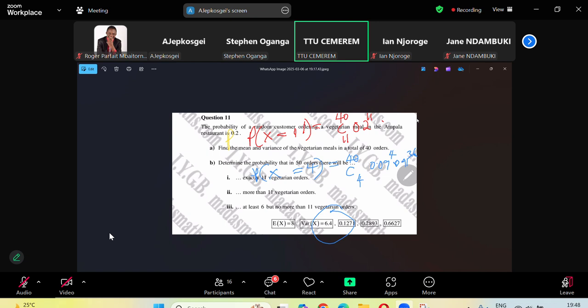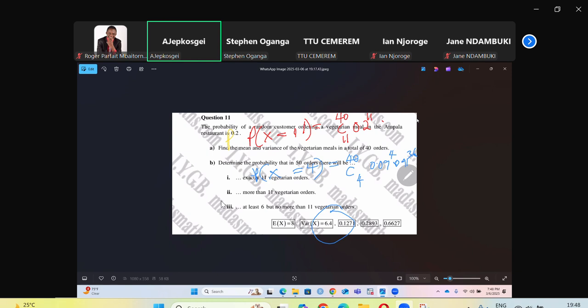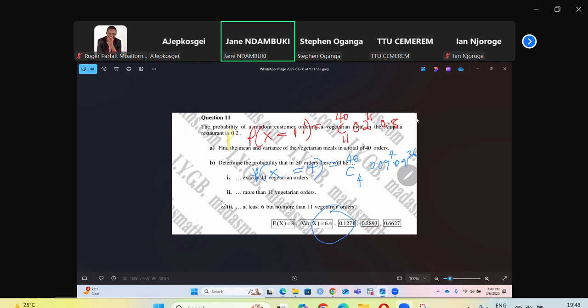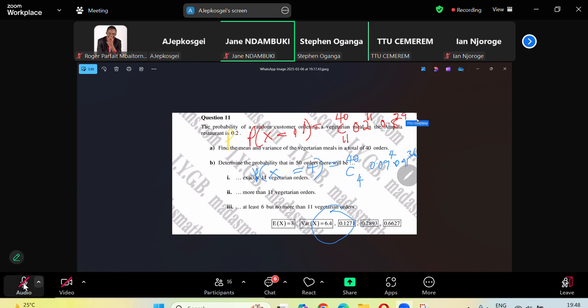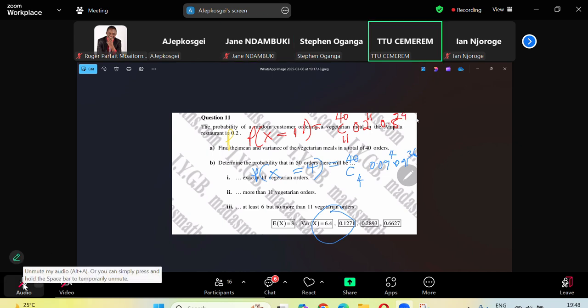So it will be 0.8 raised to what? Power 29, because it is 40 minus 11. Is that okay?